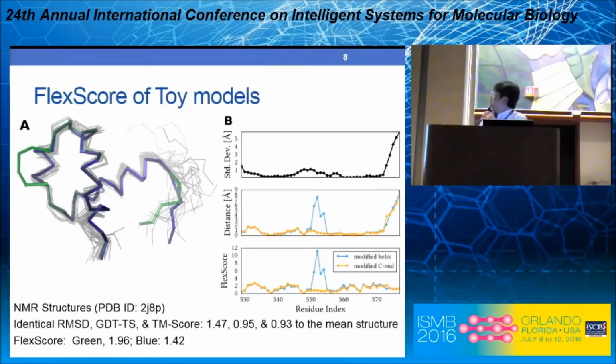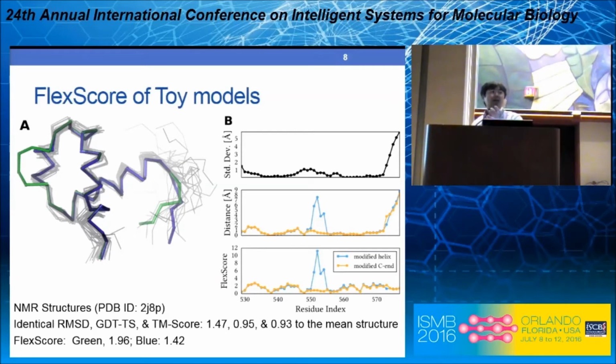Okay, let's see how it works in a toy model. These gray chains are taken from NMR structure models from the PDB. As you see, there is a large deviation in the flexible tail region. And I manually constructed two models, blue and green. This green model and blue model have identical RMSD, GDT-TS, and TM score.